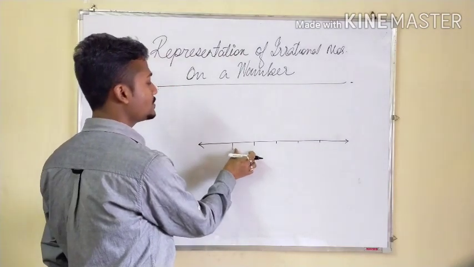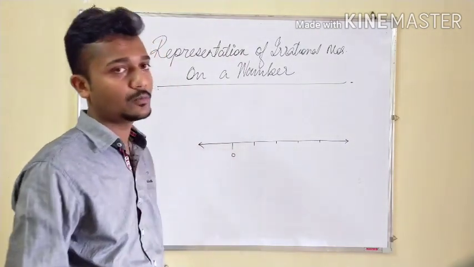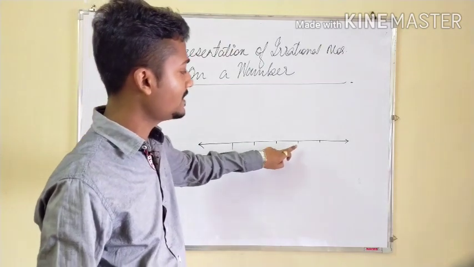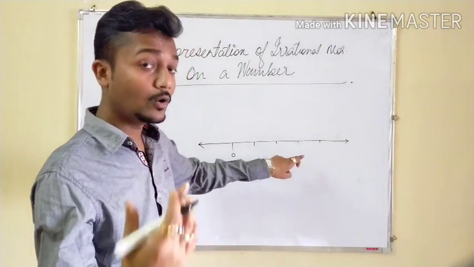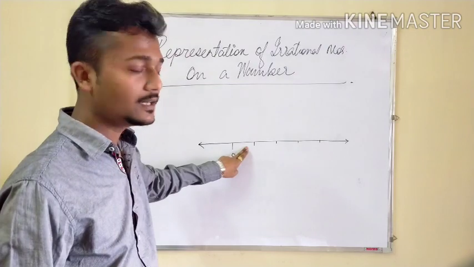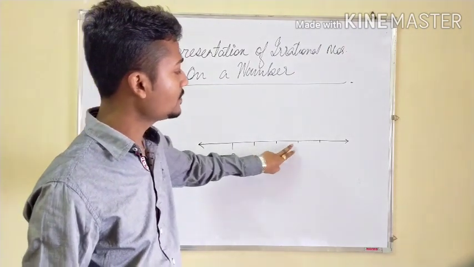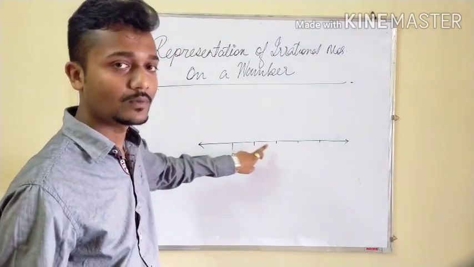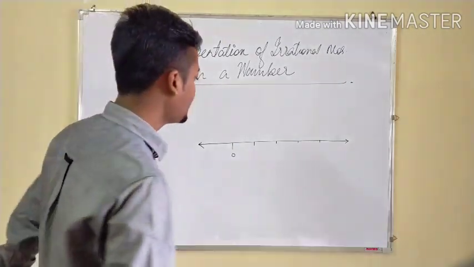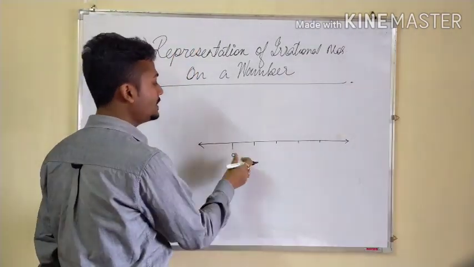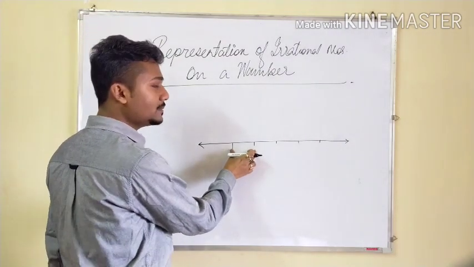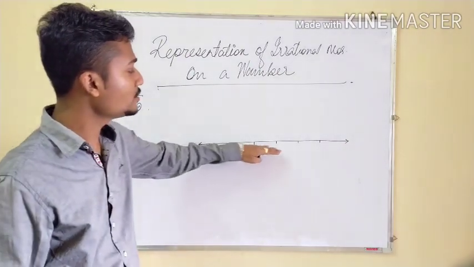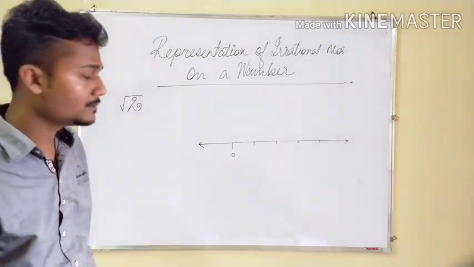That means if you are taking 1 centimeter in your notebook, you will take 1 centimeter, 1 centimeter, 1 centimeter. Or if you are taking 2 centimeters, then 2 centimeters each. Or if you are taking 1 inch, then 1 inch each. This is very important that every unit should be of equal measurement.